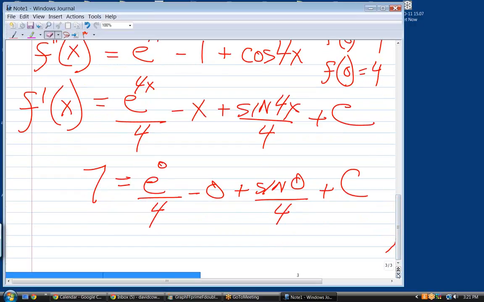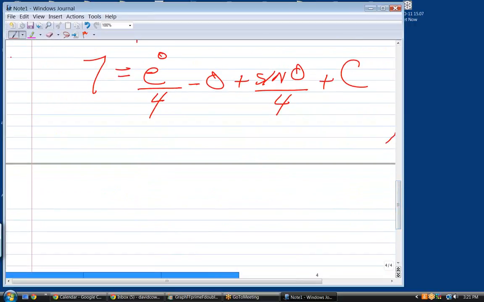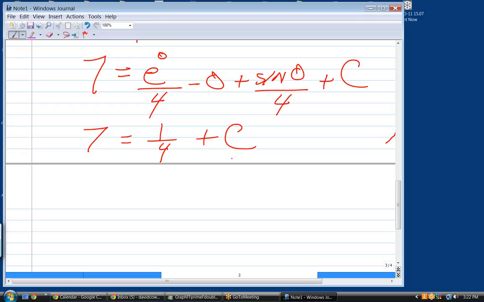So is e to the 0 just 1? Any number to the 0 is 1. Including 0. Including 0 to the 0 power is 1, not 0, like most people would think. So this becomes 7 equals 1/4. And I think it's just plus c. Yep. Everything else disappears, so c ends up being 6 3/4.